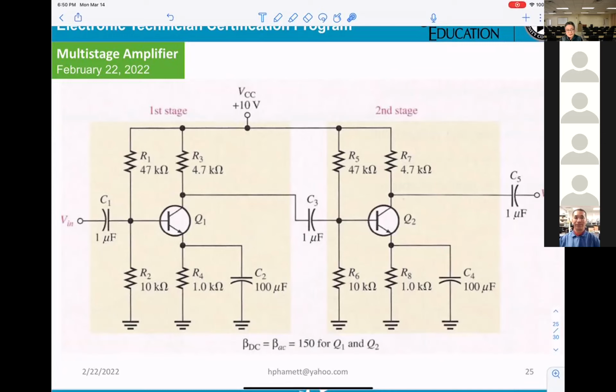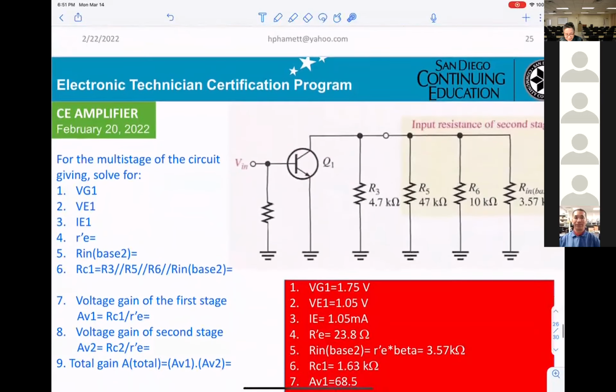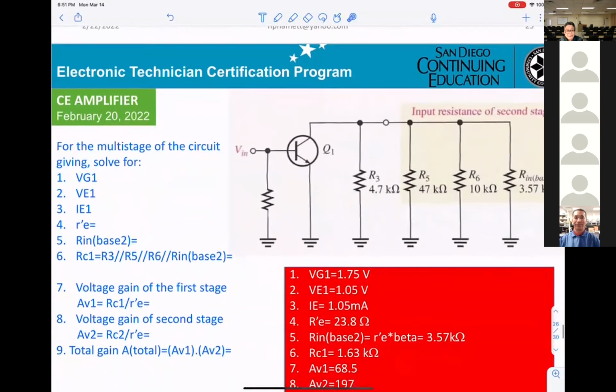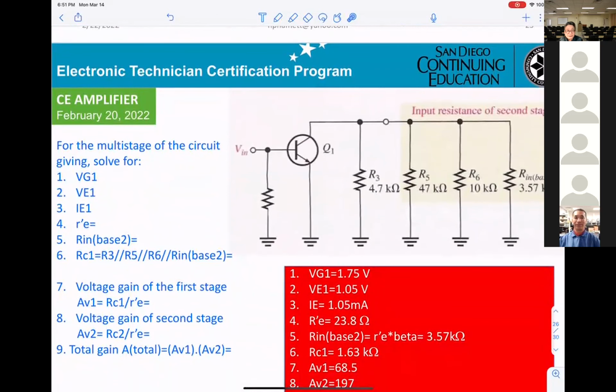Okay, and if I'm looking here, you get C2, C4, just bypass capacitors. For this multi-stage circuit, they want to solve for VG1, VE1, IE1.